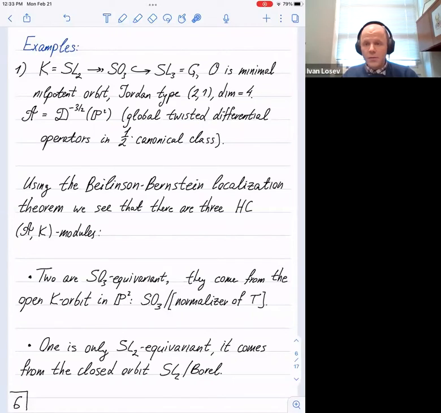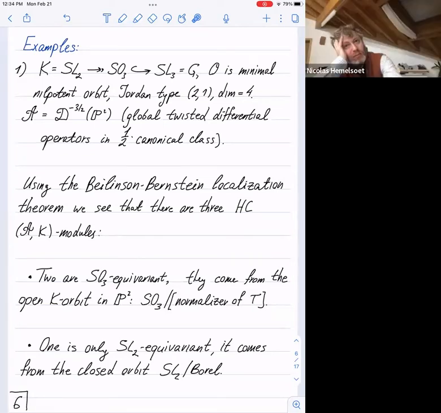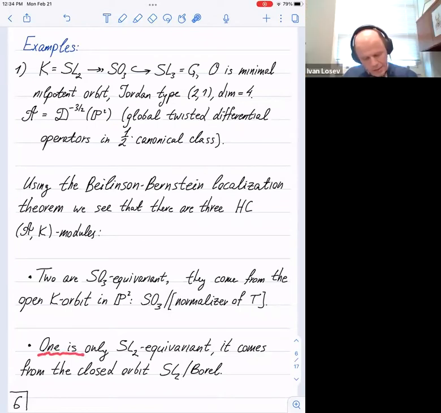So I'm just looking at local systems on this orbit, and there are 2 of them, because the component group here is Z mod 2Z. So what I'm going to get is 2 honestly SL3-equivariant Harish-Chandra modules. These guys are going to correspond to representations of SL3(R) if you are into representations of real groups. Now, there is also the closed orbit, which is P1. And it's going to support 1 twisted local system, which, because of our twist, is only going to be SL2-equivariant. So the action won't factor through SO3. Okay. So I have 3 Harish-Chandra modules in this case.